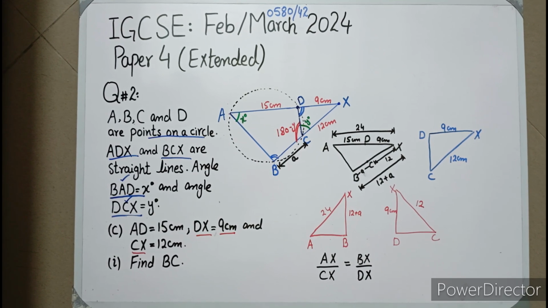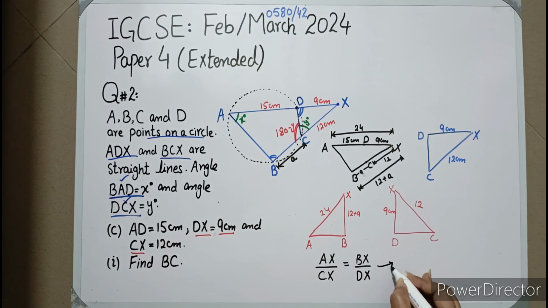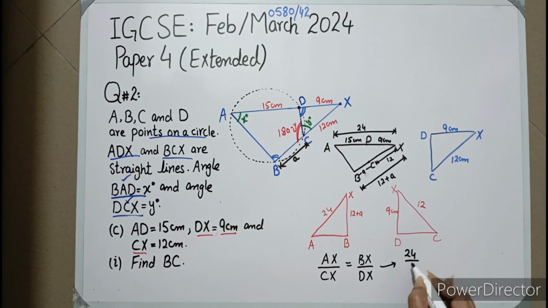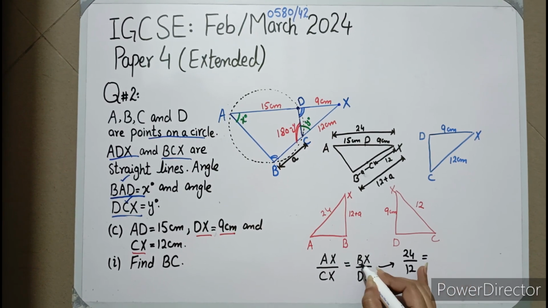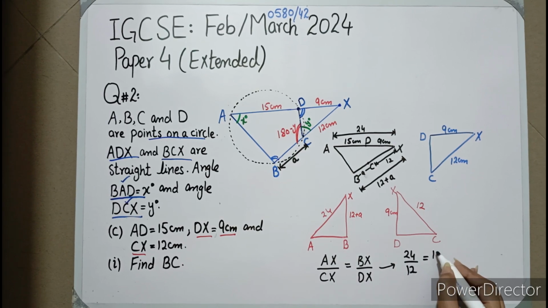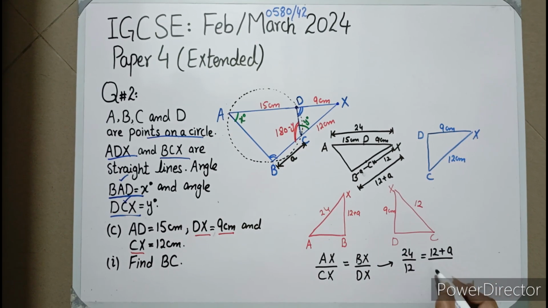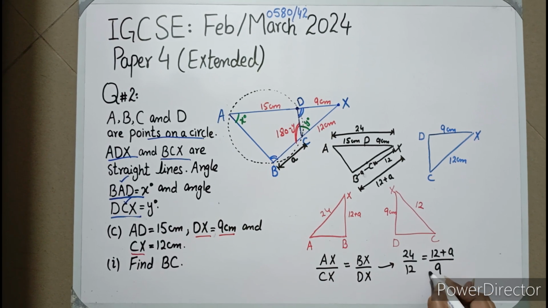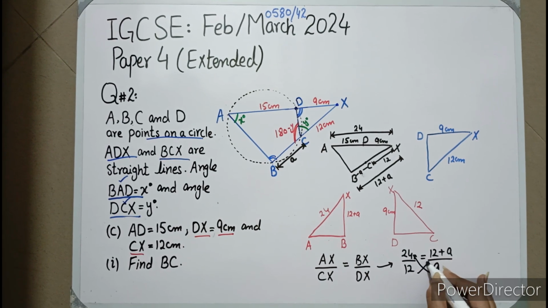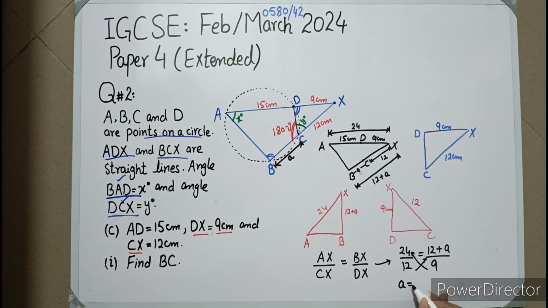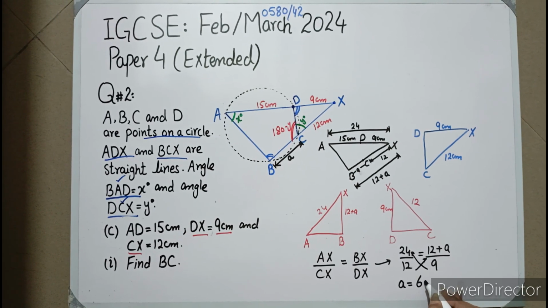Now simply substitute the values to get the result: you will get 24 by 12. The value of BX over here is 12 plus A, whereas the value of DX is 9. Simply cross multiply them and simplify. On simplification, you will get A equals 6 cm.